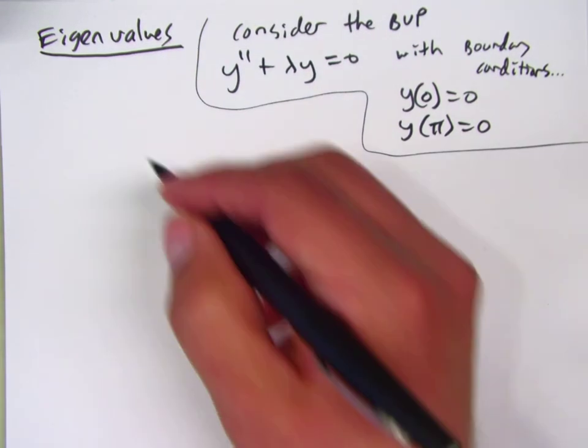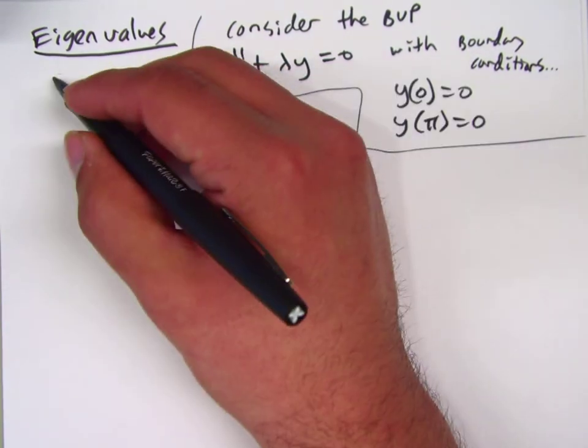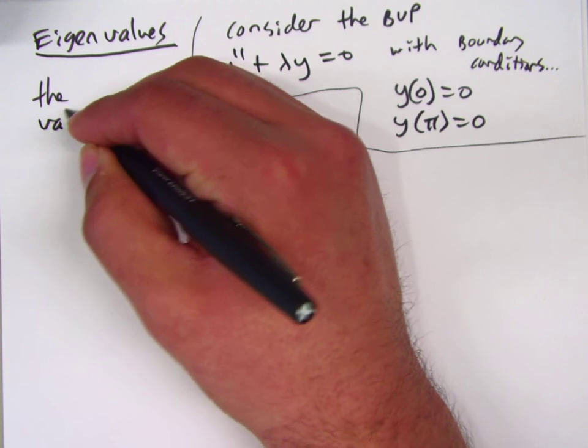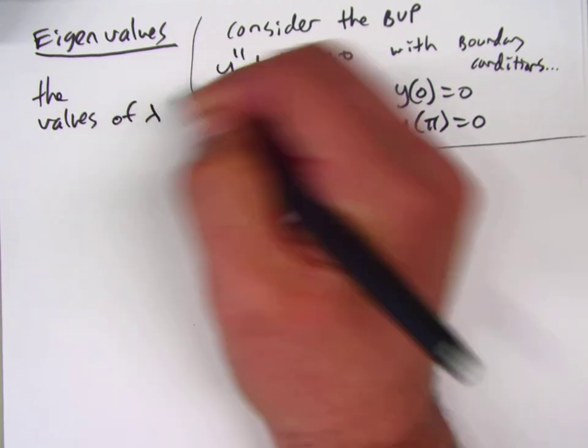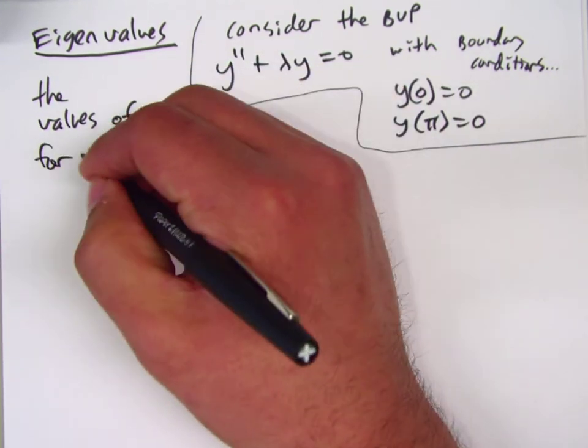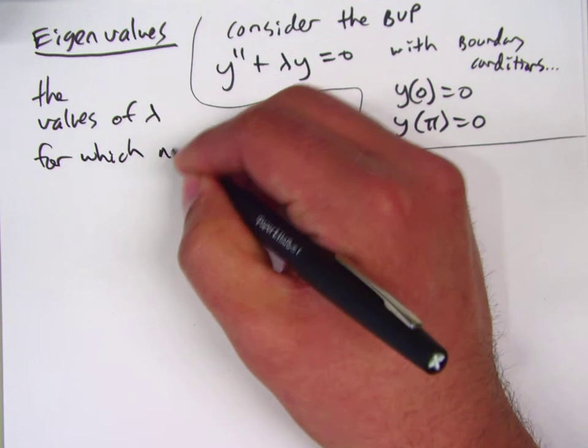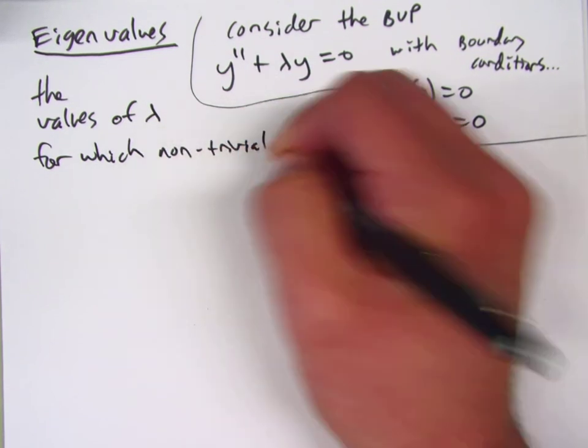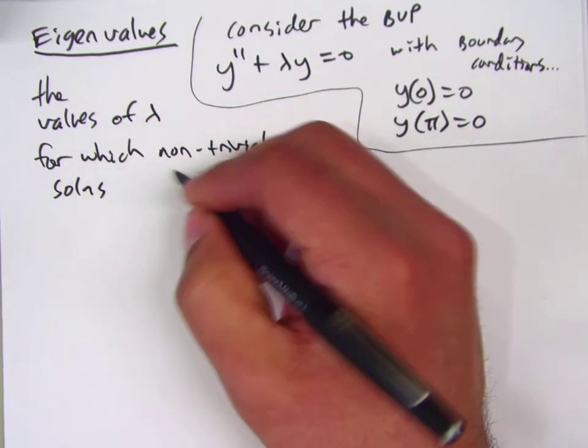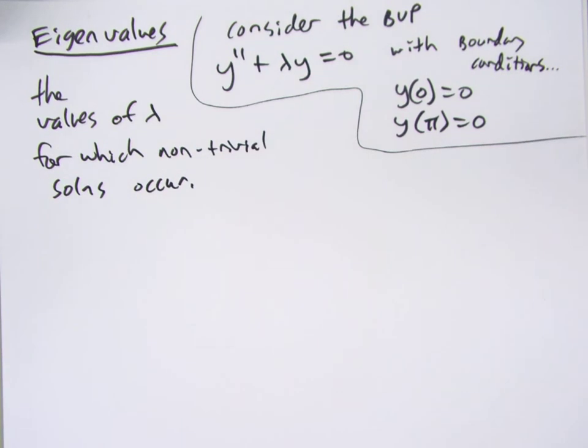Okay, and the eigenvalues are going to be the values of lambda for which non-trivial solutions occur. Okay? And now, this is kind of a new one.